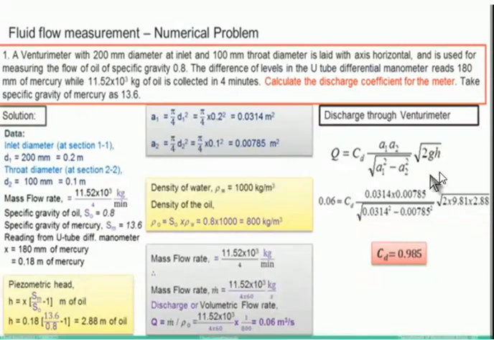G is the acceleration due to gravity, 9.81. So the only unknown is CD, the discharge coefficient of the venturimeter. If you substitute all the values and simplify, we get CD equal to 0.985. This is our required answer.